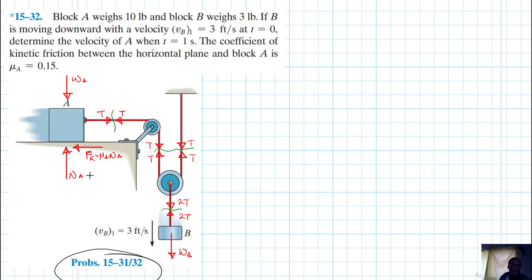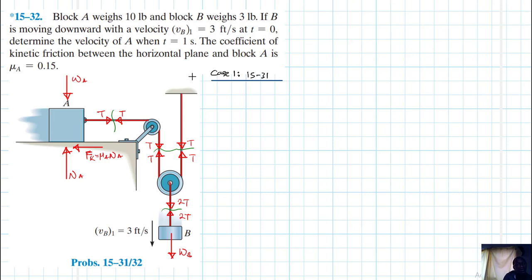There was case 1 and case 2, but I want us to check the value for case 1 so that we have a question. So let's look at case 1, which is 15-31.